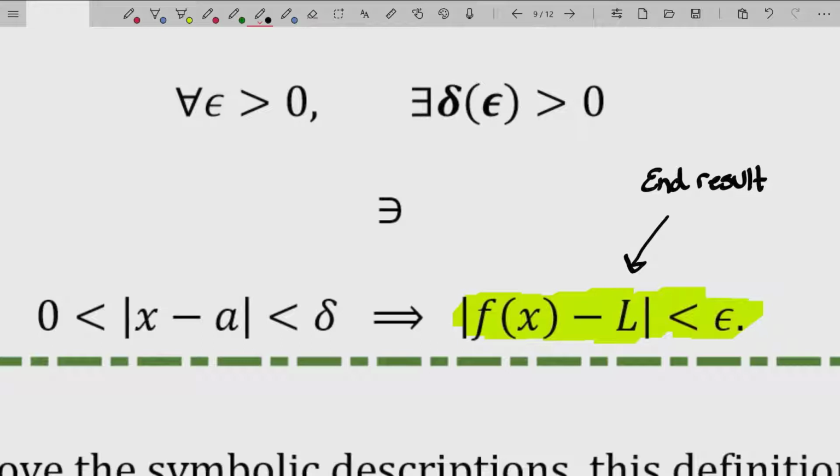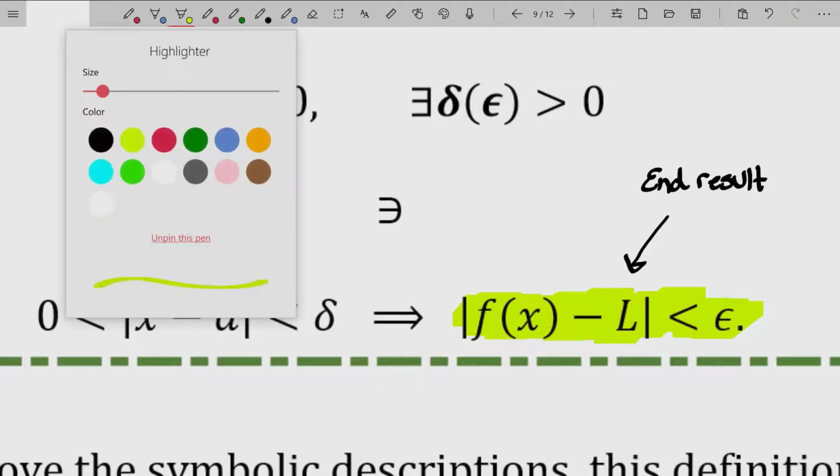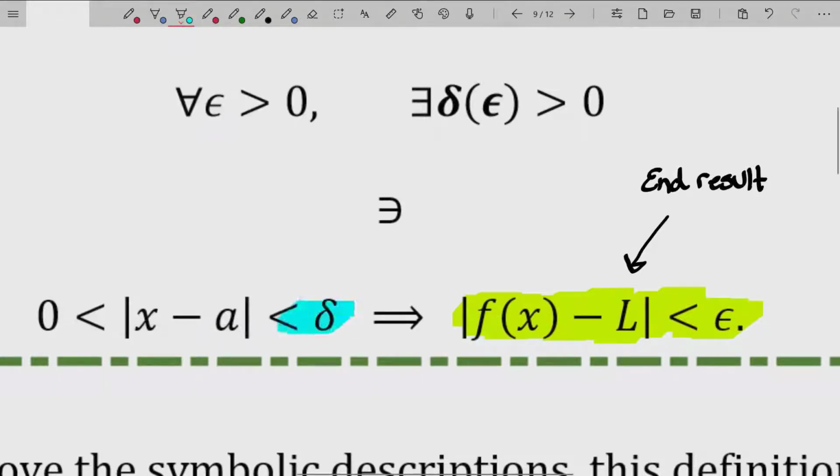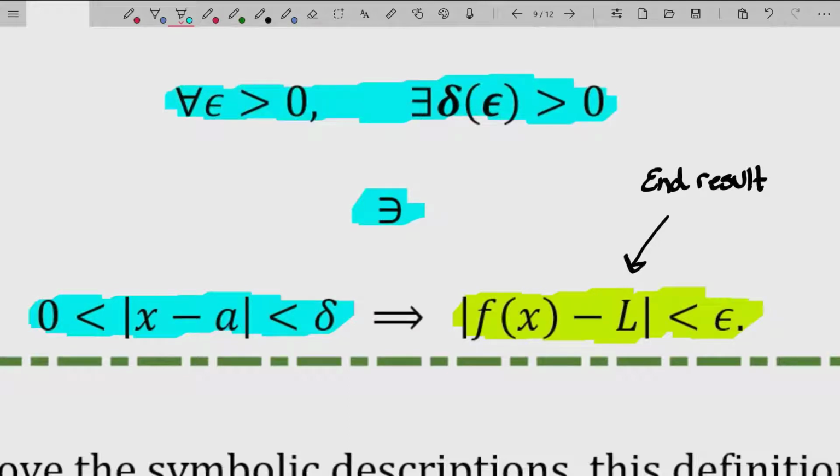But that's the end result. That's the end statement of an if-then. And the beginning is the stuff that happens prior to that implication. And so I'll use a different highlighter here for that. I'm going to use my tried and true blue highlighter. And technically all of this happened before the then statement.